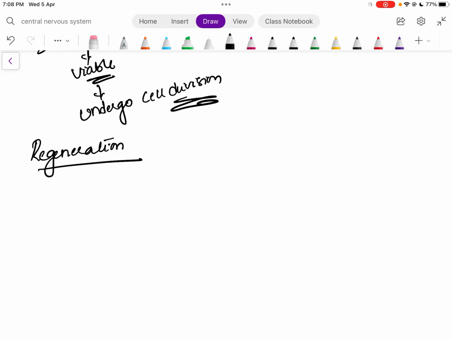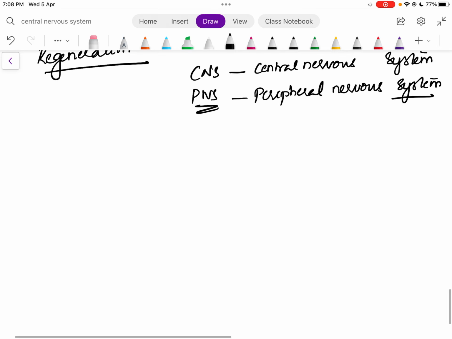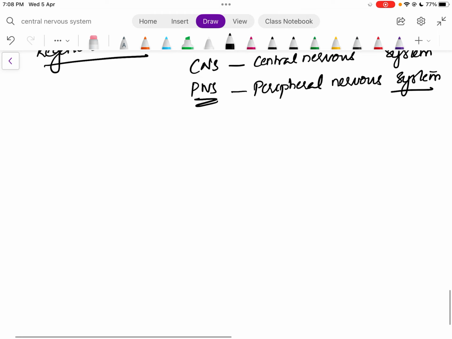We'll see how regeneration will occur both in the CNS and PNS, that is the central nervous system and peripheral nervous system. There will be a difference between these two systems in regeneration whenever a neuron is damaged. So we'll see the regeneration part.